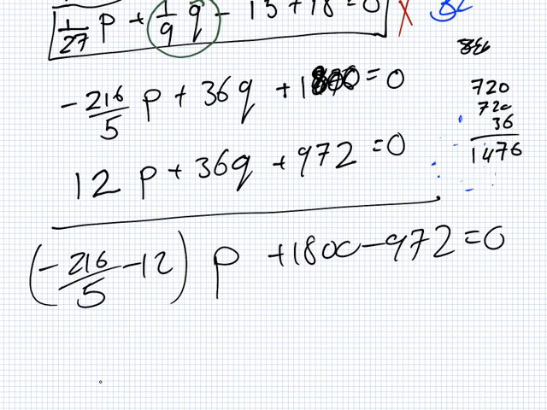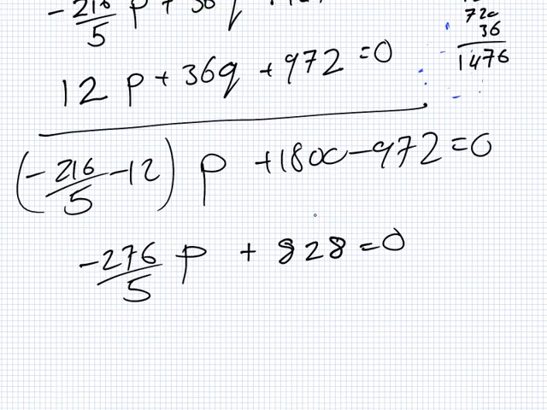Come on, what is it? Minus 216 over 5 minus 12. Thank you. And then this one is plus 828 equals 0. Thank goodness.